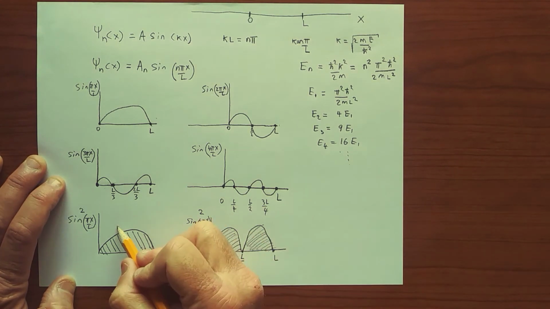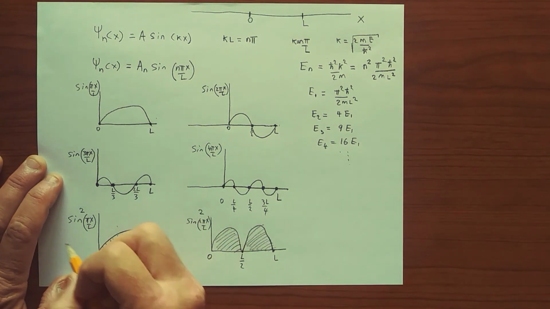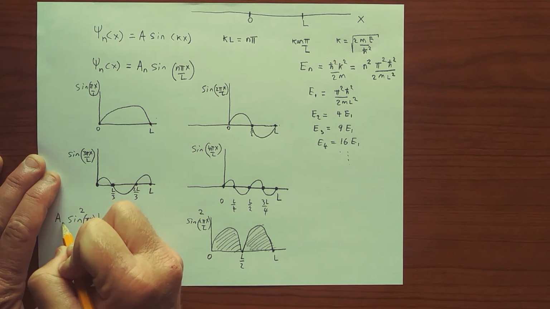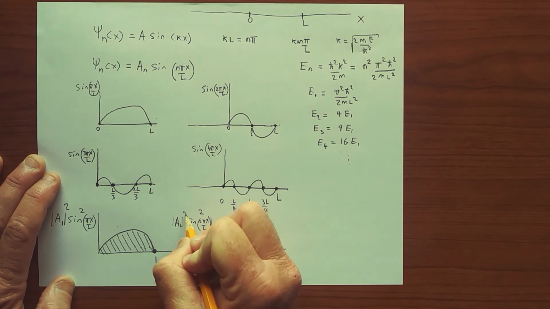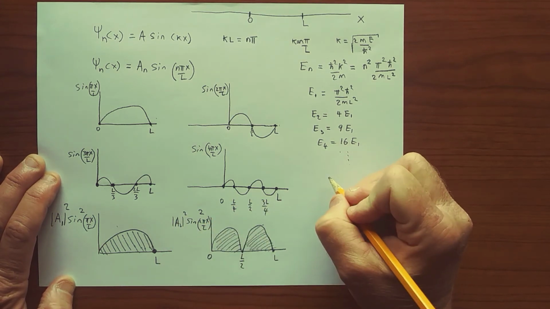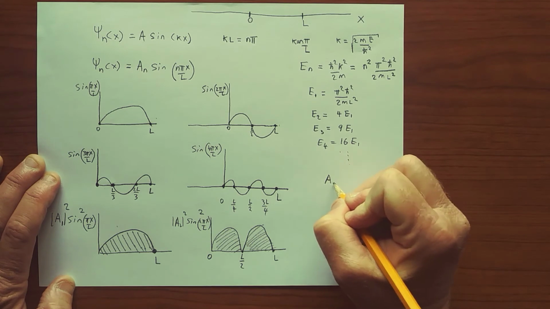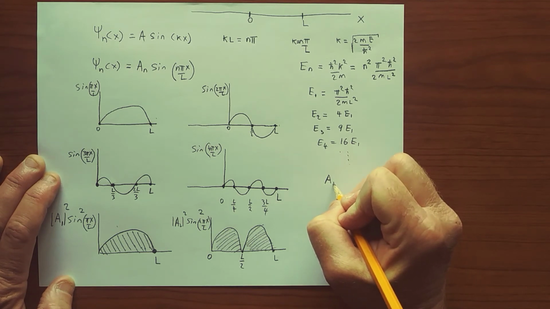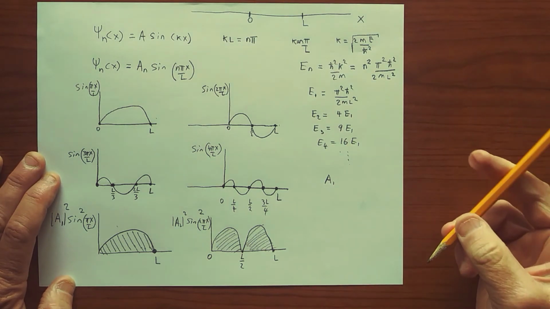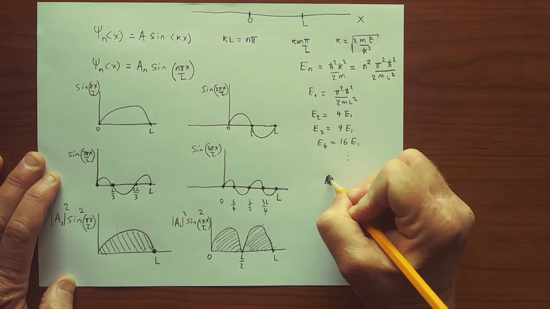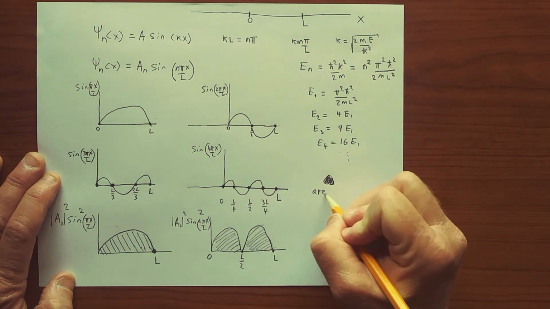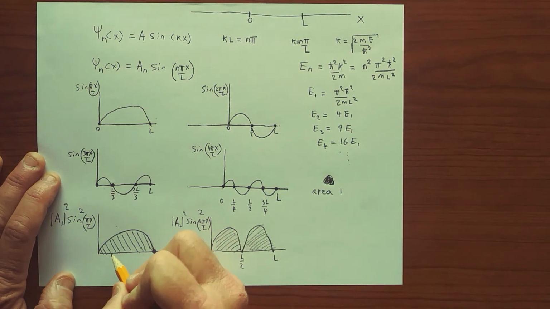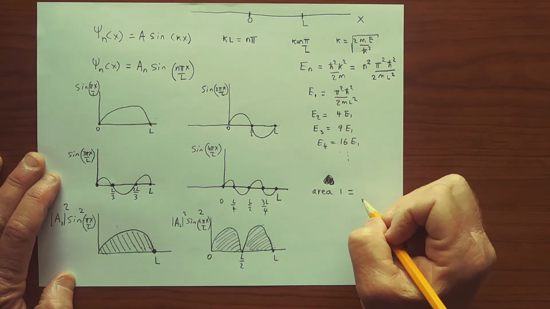So for here, let's write this A1. So this is A1 modulus squared, and then here we would have A2 modulus squared. Let's write the area here, area 1.